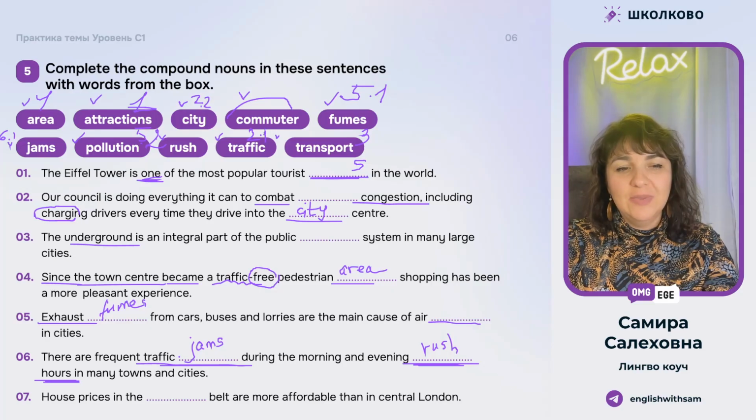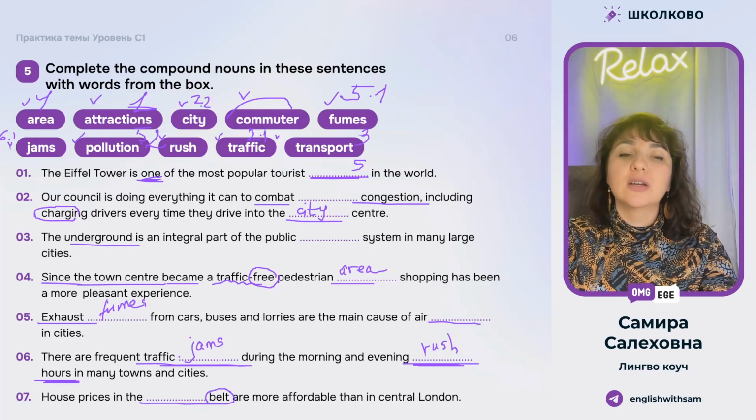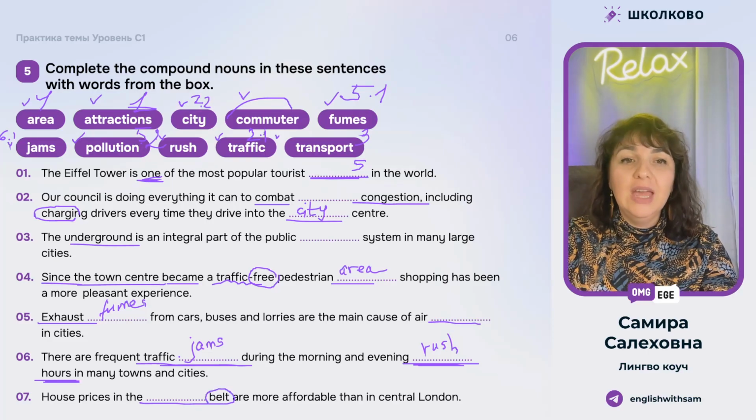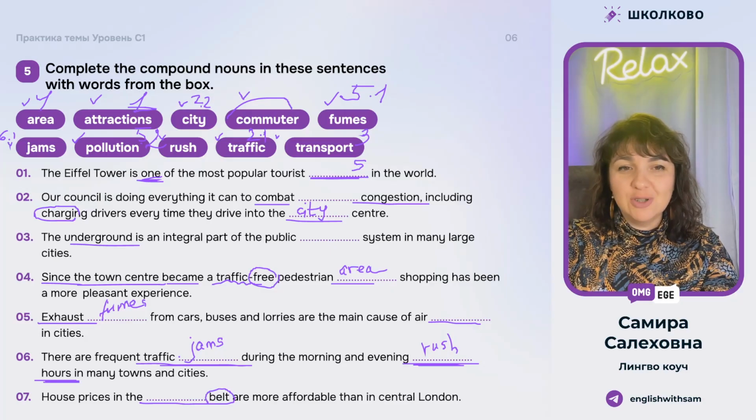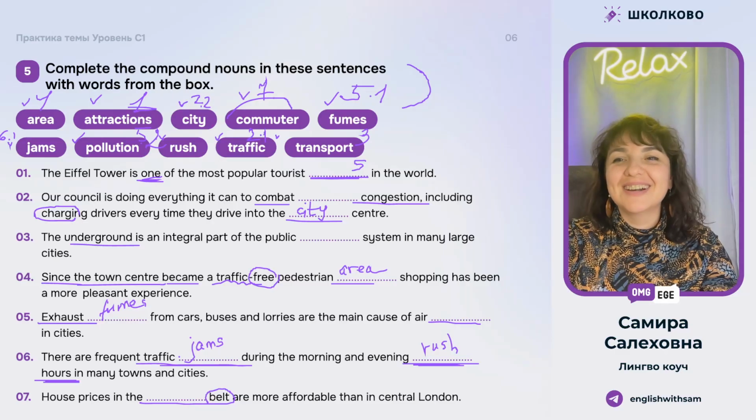And the last one, house prices in the belt are more affordable than in central London. И вот тут, конечно же, даже если бы мы такого не знали, мы бы из оставшегося поставили commuter. Ребяточки, commuter belt – это, условно, вот город имеет какую-то более-менее округлую форму.